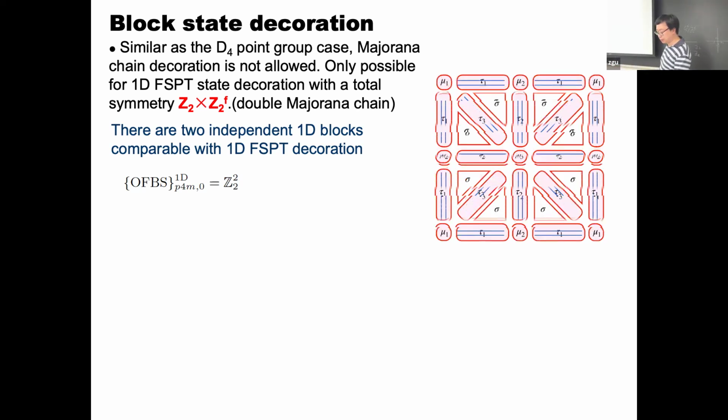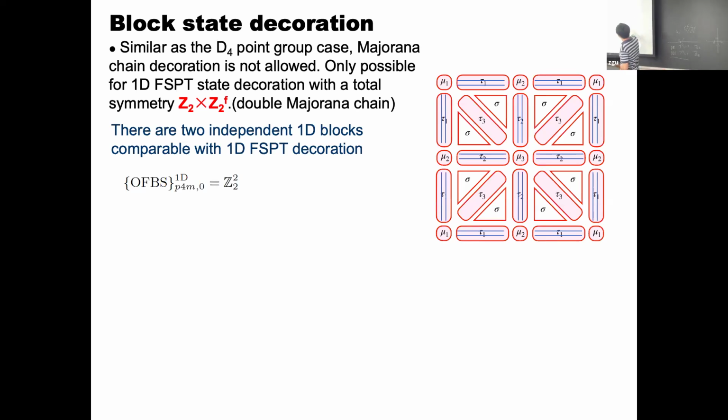But we can also do it the other way, which is a little bit tricky. We should do the double-mode decoration on both mu1 and mu2. On mu1, you can see it's just like surrounding this D4 0D block, so it's perfectly allowed. But we know this 1D SPT decoration surrounding the D2 block, mu2, is not allowed.